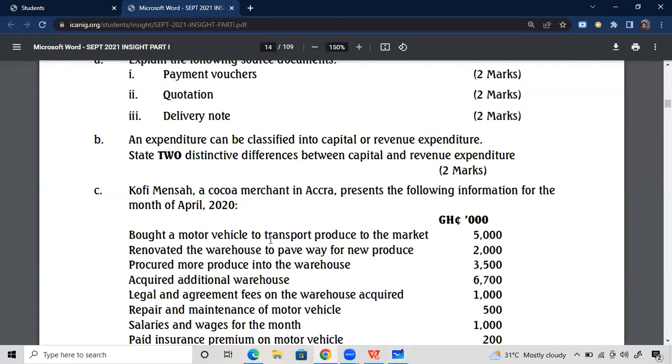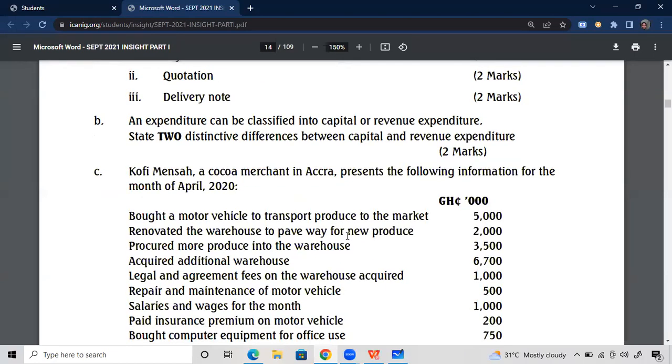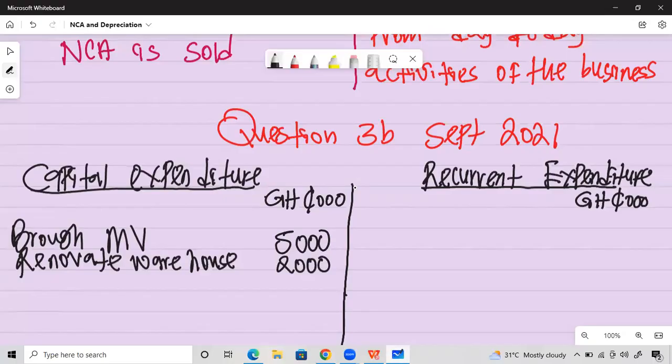They say procure more produce to the warehouse. Procure more produce, what you are selling, you buy more, it is like buying more inventory. Is this a capital expenditure or a recurrent one? This is a recurrent expenditure.